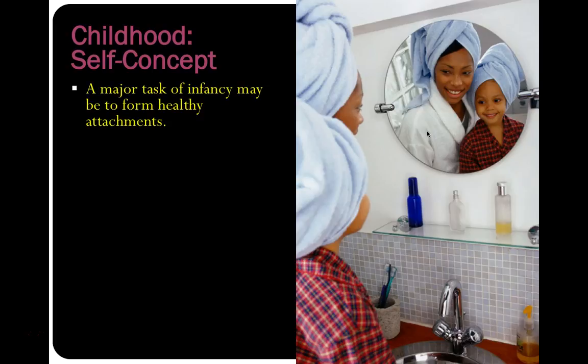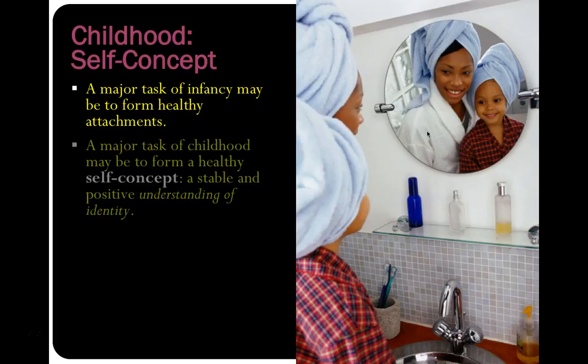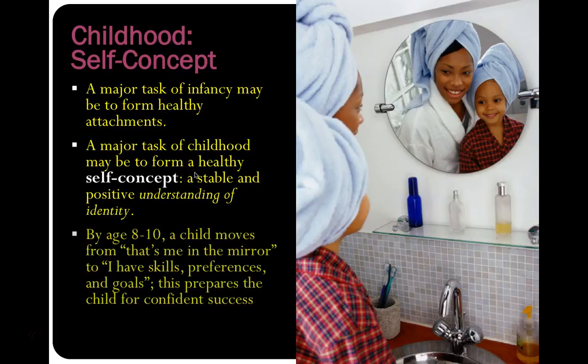Self-concept. A major task of infancy may be to form healthy attachments. Okay, for sure, and it's a very important contributor to ultimately the kind of healthy self-concept that you're going to have later. A major task of childhood may be to form a healthy self-concept, a stable and positive understanding of your identity.